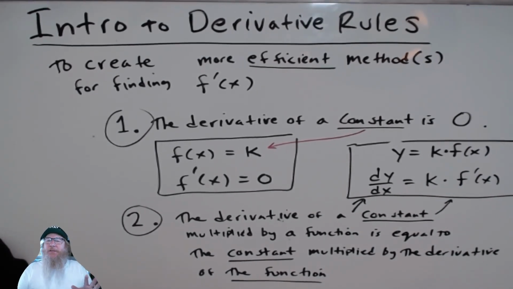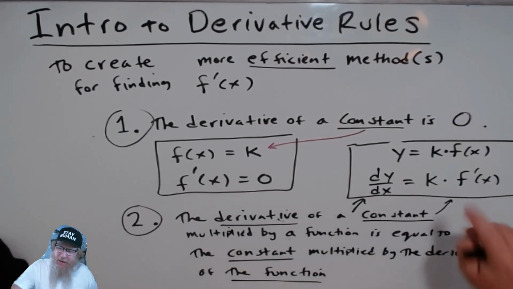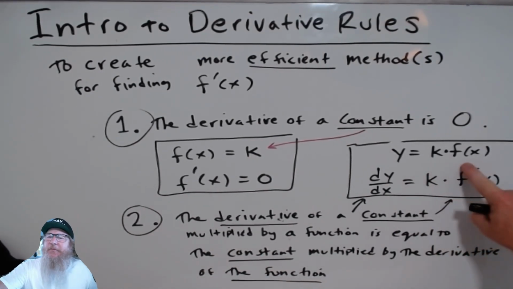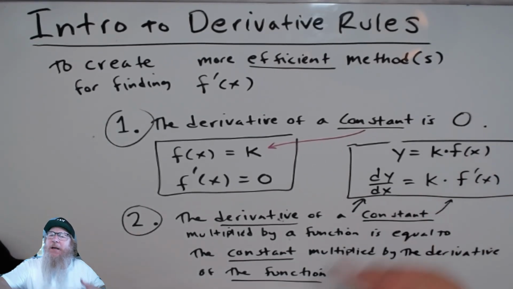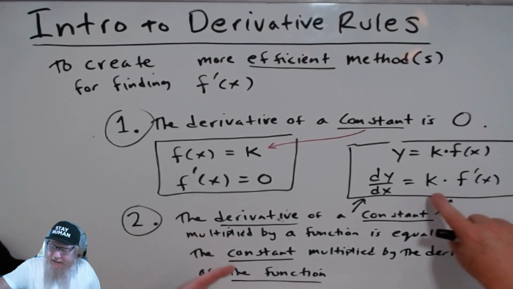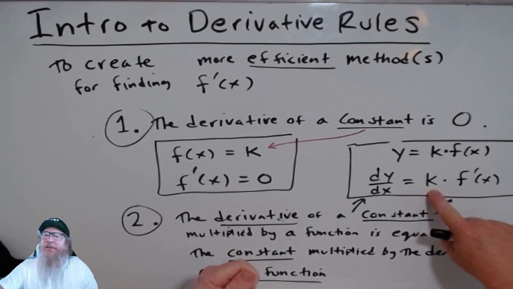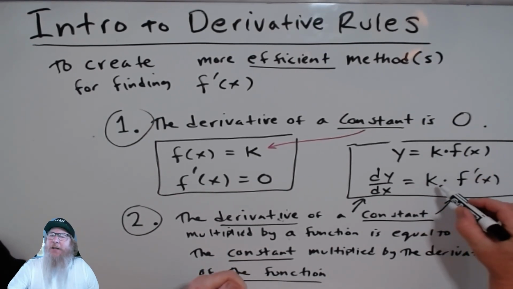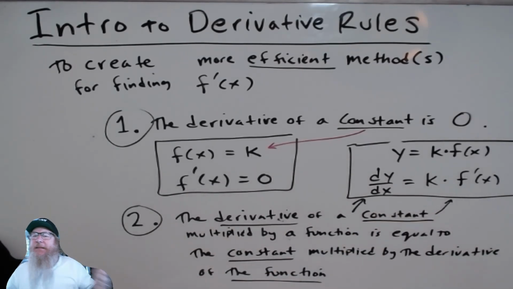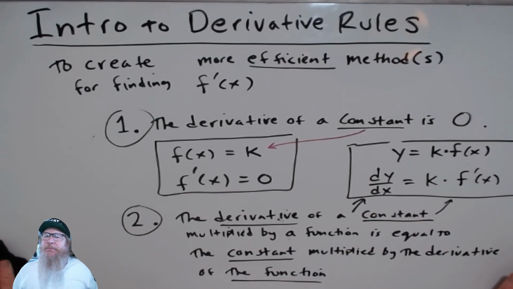In other words, what this means is that when I have a constant in front of a function and I want to take its derivative, I can essentially ignore the constant, just put the constant out in front, and then simply take the derivative of the function.